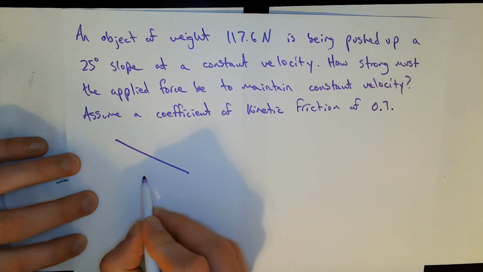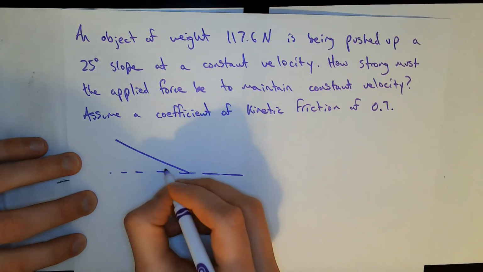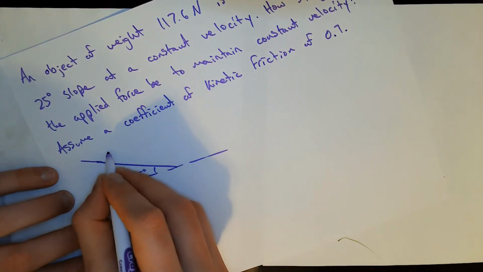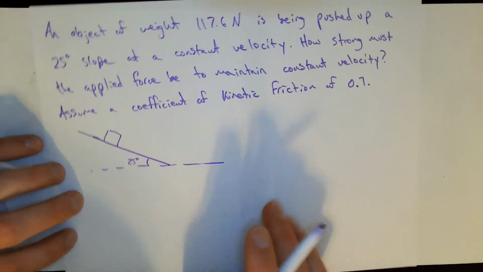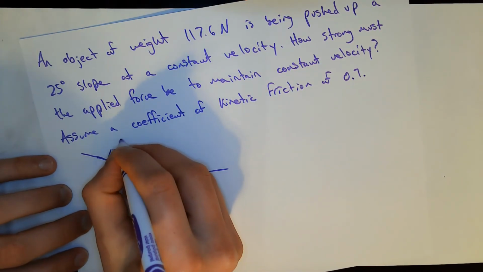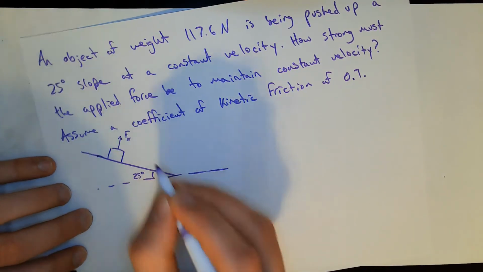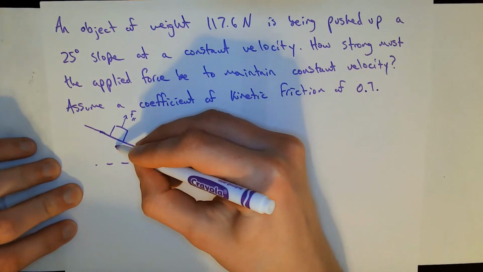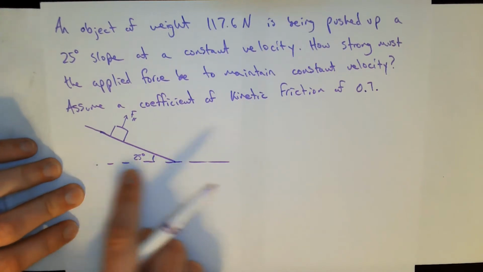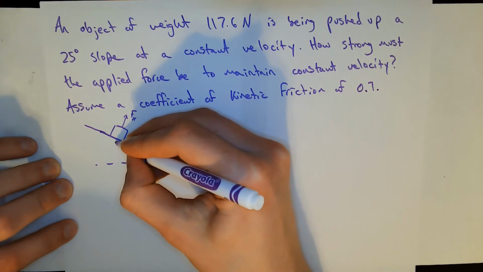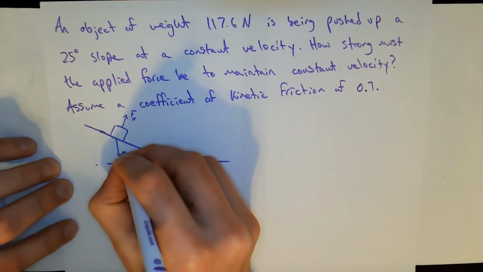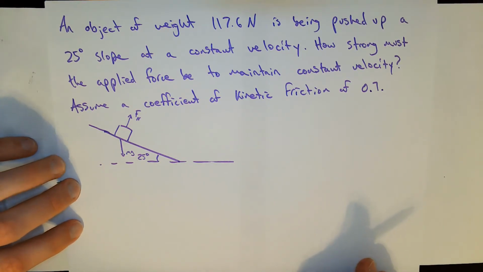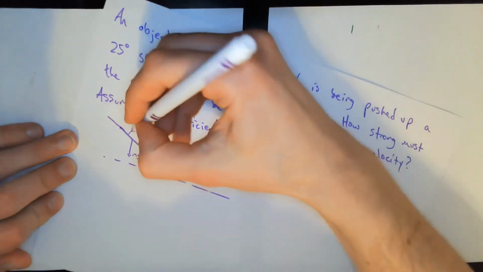Here's my 25-degree angle. All right, here's my object. I know my normal force is perpendicular to the slope. I know that my gravity points straight down, that's mg there. I know that there is an applied force pushing up the hill.